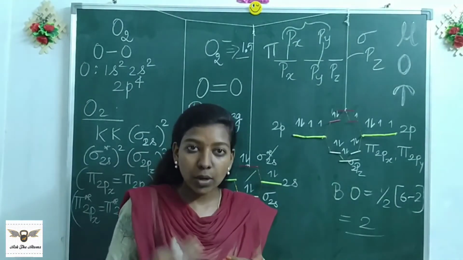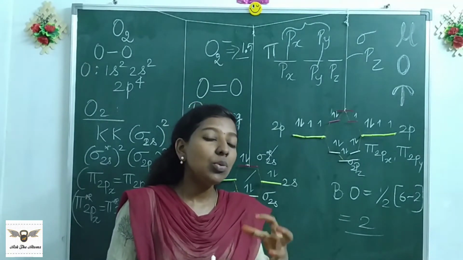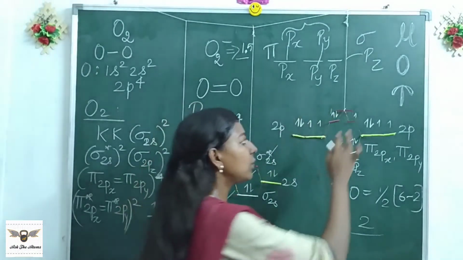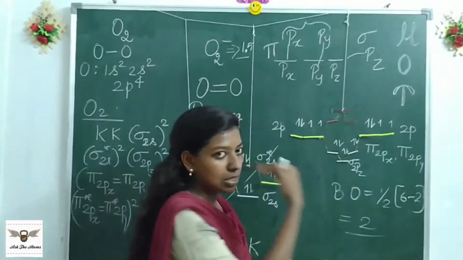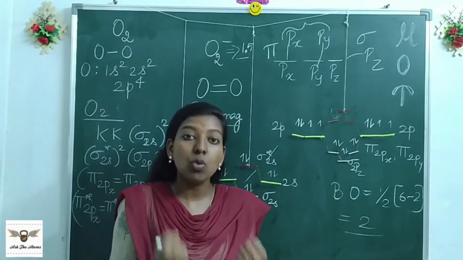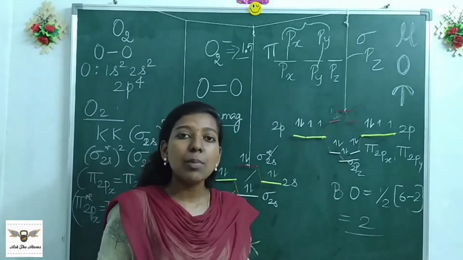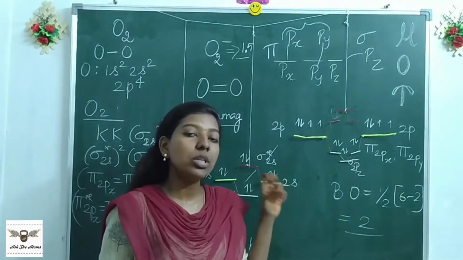So the more electrons you add to the antibonding level, the bond order will decrease. When you start removing electrons from the antibonding level, my bond order will increase. That means the bond will become more stable, stronger, and lower in energy. So this is about the bond order and other aspects for the oxygen molecule.